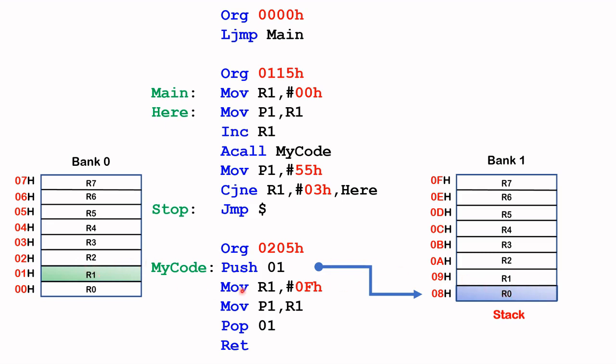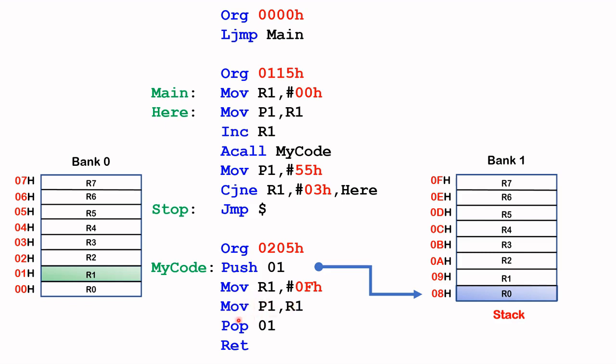What the push instruction actually does is make a copy of this and put it into R0. So coming back to the code here, copy this value into R1, that replaces the previous contents. Then copy the contents of R1 to P1.